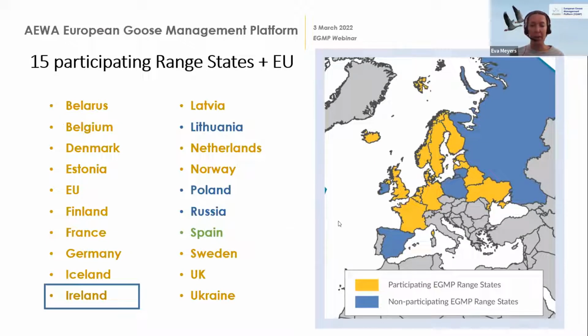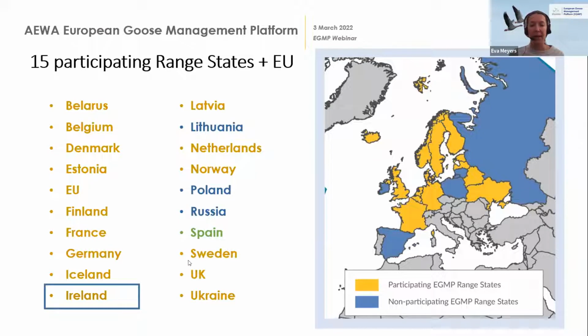In this map, you can see an overview. Our newest member is Ireland, who unfortunately I haven't been able to update on the map yet, but who joined the platform last year and had already been involved in various processes beforehand.